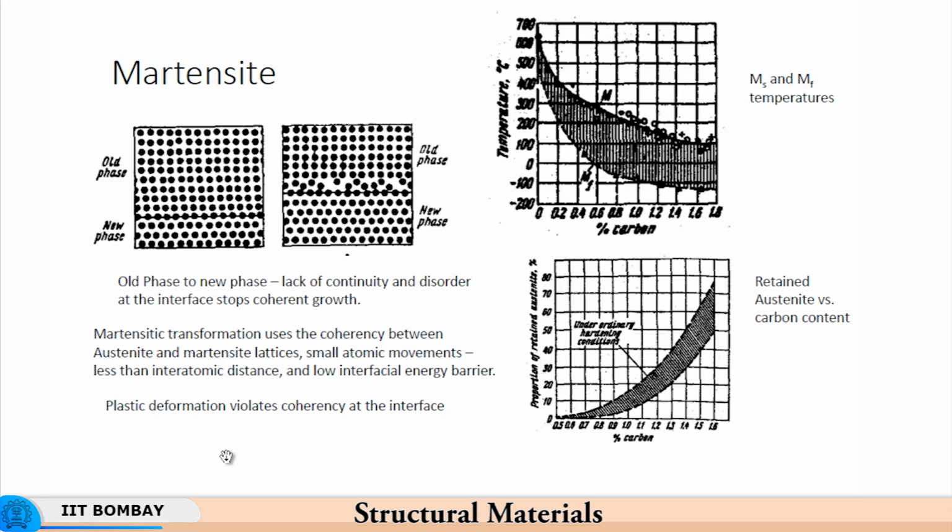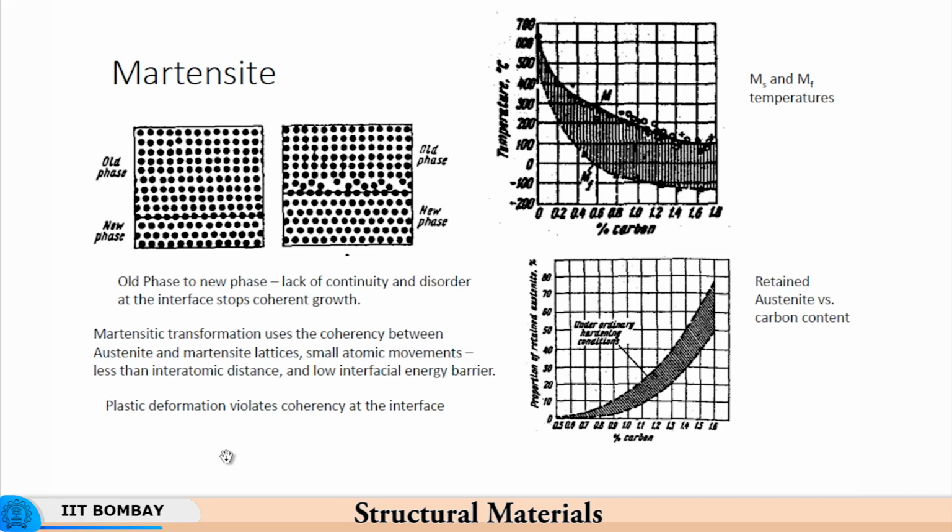If there is a lack of continuity and disorder at the interface, then the coherent growth is stopped. The martensitic transformation, as we know, is a diffusionless transformation. There is no diffusion taking place because there is no time and temperature, which are the two necessities for diffusion to take place. They are not available. You are cooling at a very rapid rate.